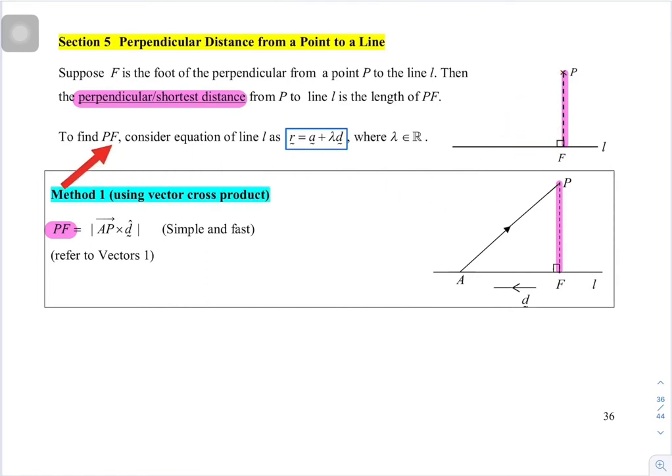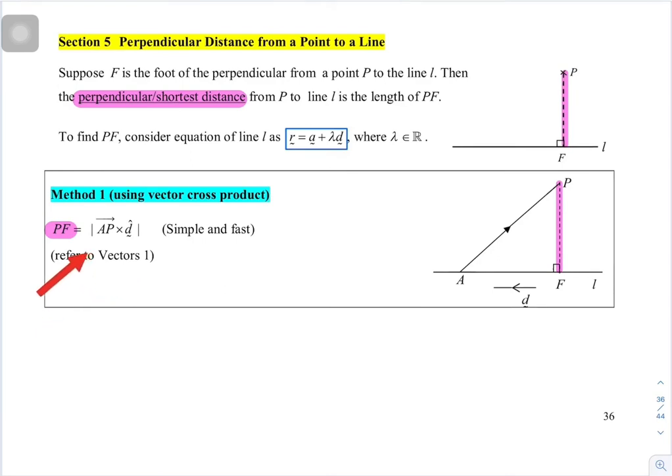So to find PF, we consider the equation of the line L, usually given in this form. There are quite a number of methods for us to find the shortest distance, or the perpendicular distance, from the point P to the line L. Method number 1, which is the fastest, uses the vector cross product formula, which we saw in vectors 1.